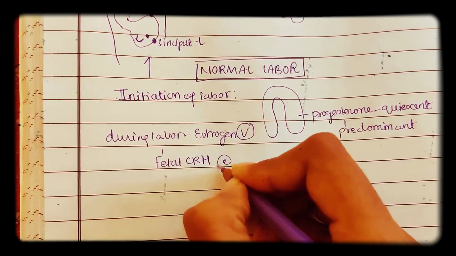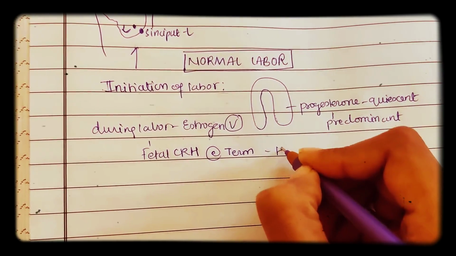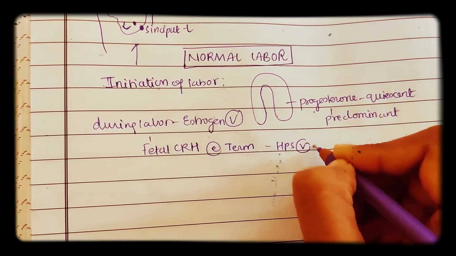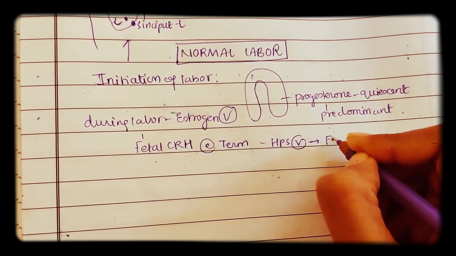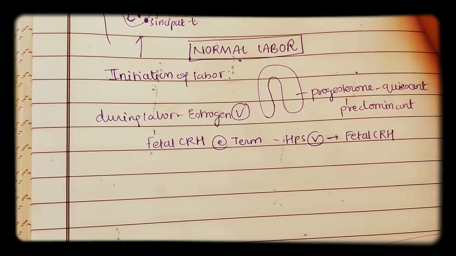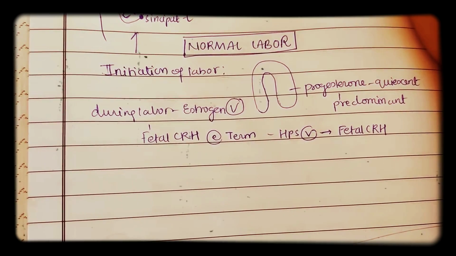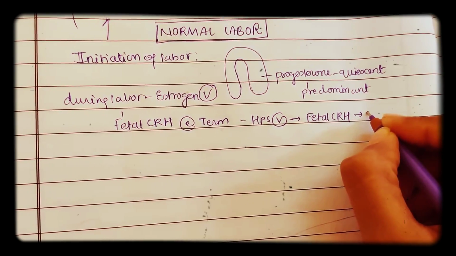At term, the fetal hypothalamic pituitary axis gets activated. From the fetal hypothalamus you get fetal CRH, corticotropin releasing hormone, which gives a signal to the pituitary.